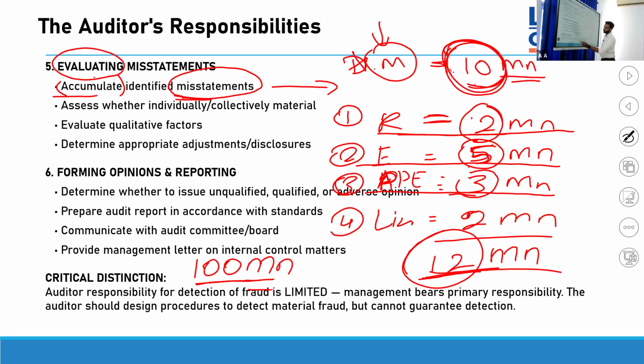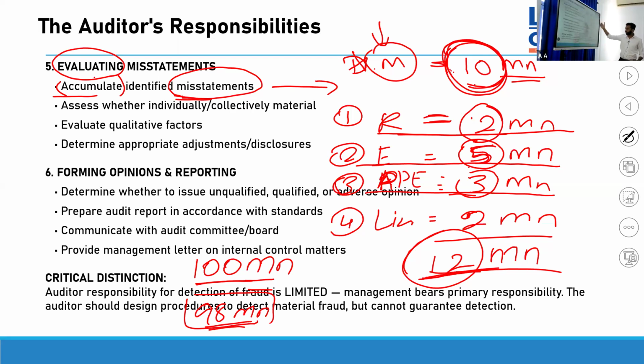But in the financial statement, they have recorded 98 million, which means they have understated by 2 million. So that is one of the misstatements, right? But at the end, we must accumulate those individual misstatements in order to evaluate whether those aggregated misstatements exceed this materiality level or not.